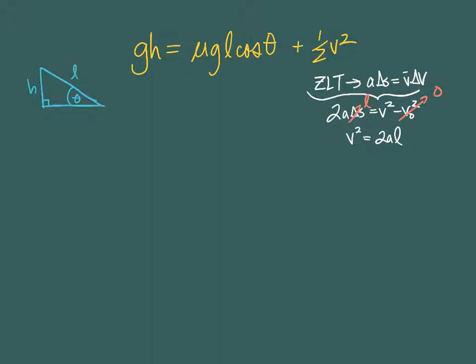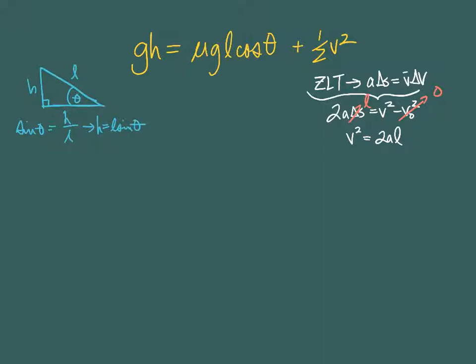So guess what? The sine of theta gives me a relationship between the height of the ramp, which is critical to its motion. It's the reason that it's moving. Gravity is associated with that. And the length. So that means that h equals L sine theta.